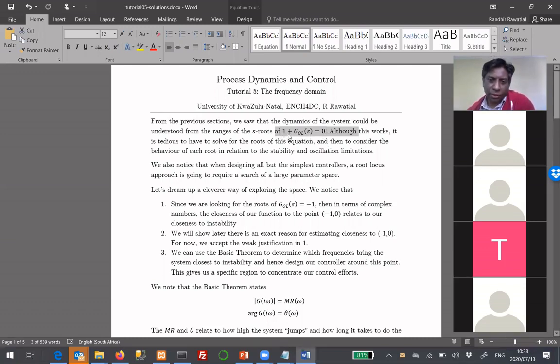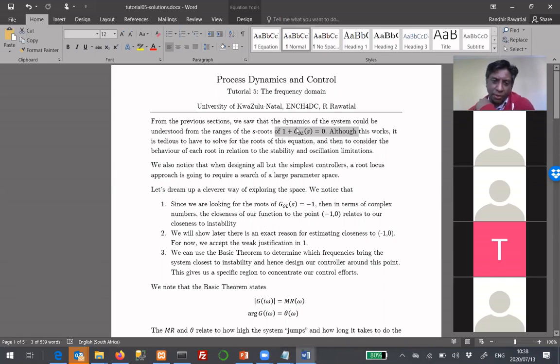So we are solving this also because we are trying to avoid a root having a positive real part. If we get a positive real part for a root, then we have the onset of instability. So that partly motivates what we are doing now.